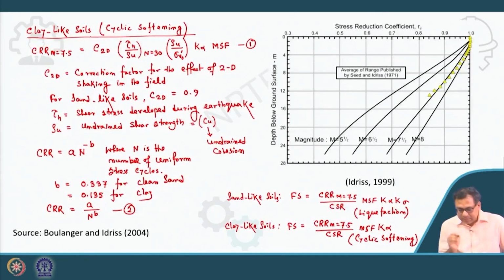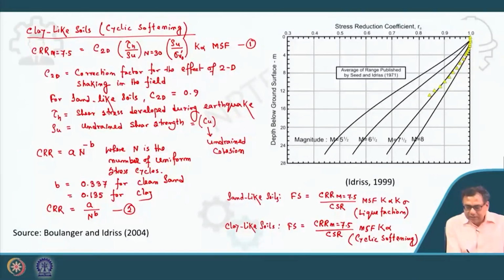For 1D shaking, no correction is required, whereas we are considering it for 2D shaking. So for 1D shaking, we can write 1 into tau h over Su, with n equal to 30, equal to Su over sigma V dash into K alpha into MSF.